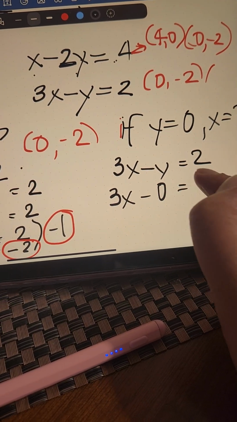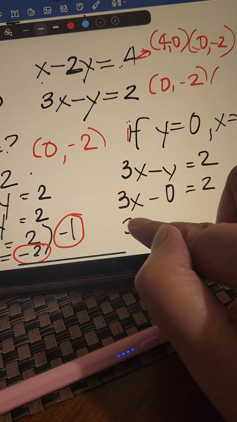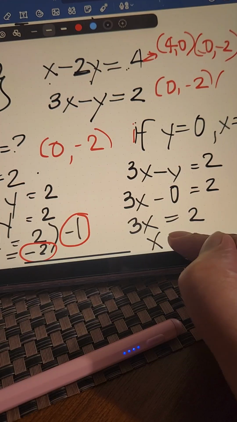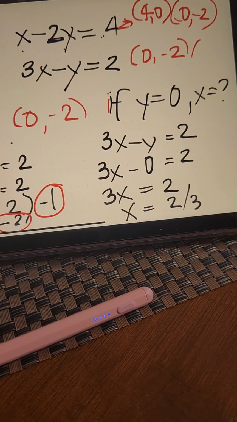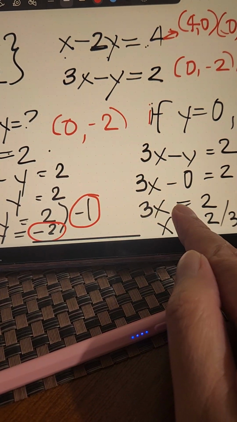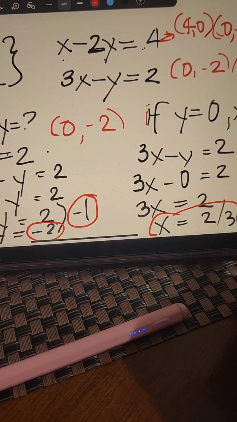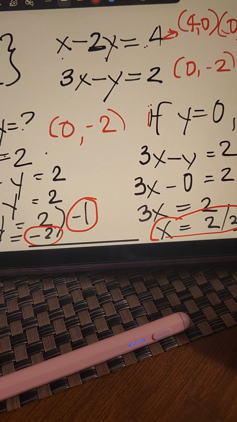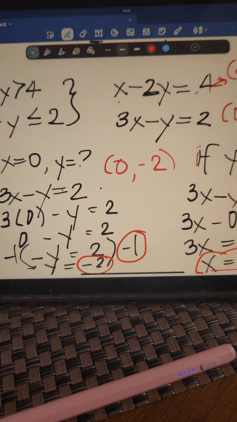Kaya 0 doon equals 2. And then, 3x is equal to 2. And then, x is 2/3. Okay? So, meron tayong fraction which is okay. So, now we have x is equal to 2/3. Kaya yung second value natin would be 2/3 and 0.